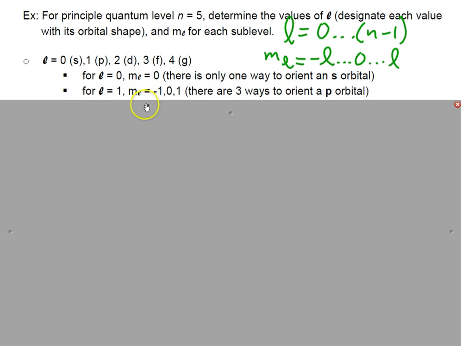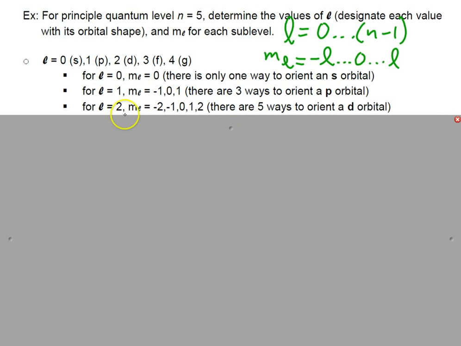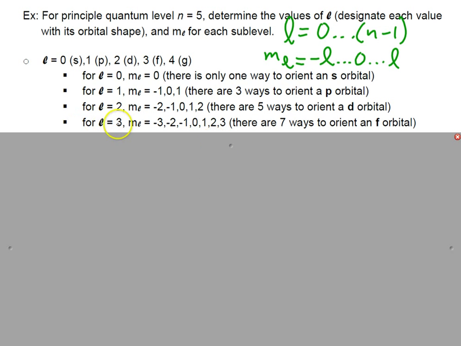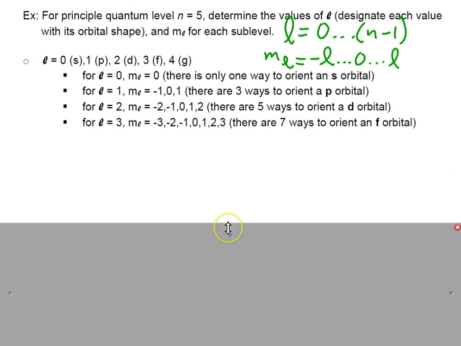If we look at l of 1, we would range from -1 to +1, because there are 3 ways to orient a p orbital, as we learned, x, y, and z. Now beyond that, l of 2 would be a range of -2 to +2, 5 ways to orient a d orbital. l of 3 would be -3 to +3 for the m sub l, because there are 7 ways to orient an f orbital. Okay, so that's our first example.